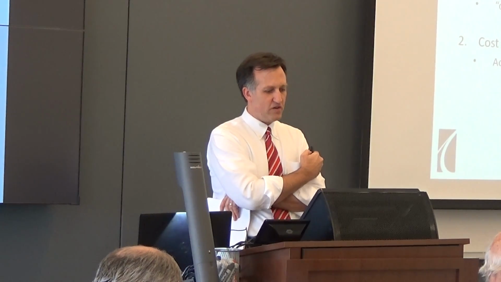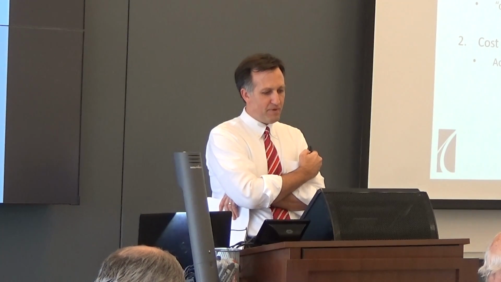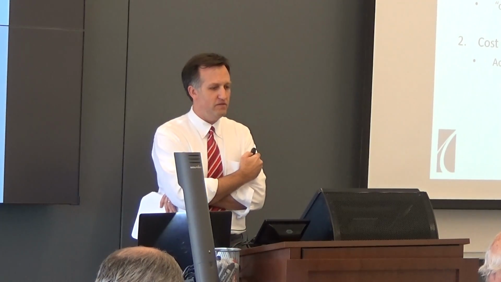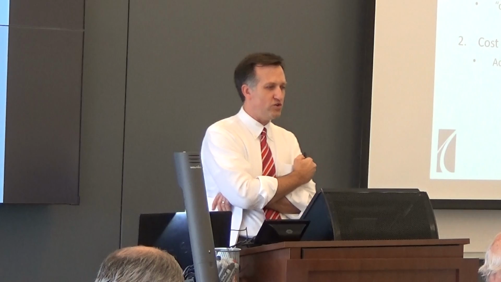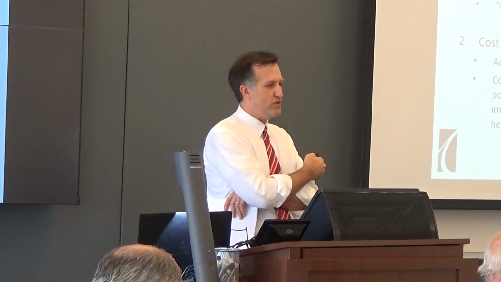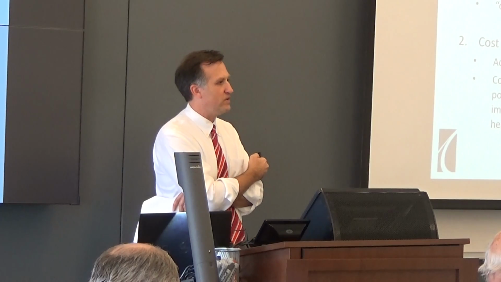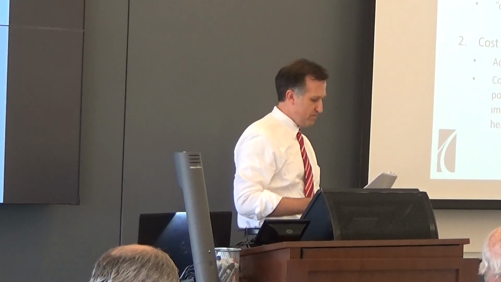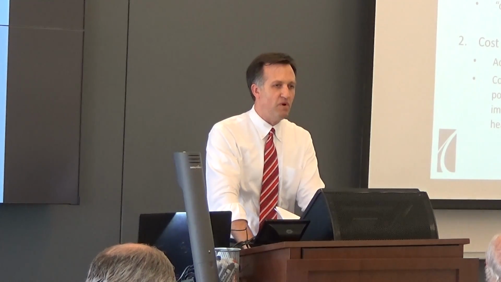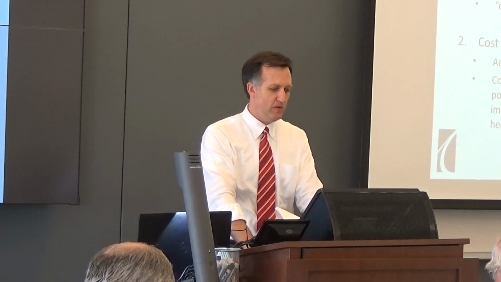Cost reduction synergies are basically reducing overhead as a result of the transaction, or unit cost decline. So we talked about economies of scale yesterday. That's the name of the game here, and this is the most certain type of synergy.